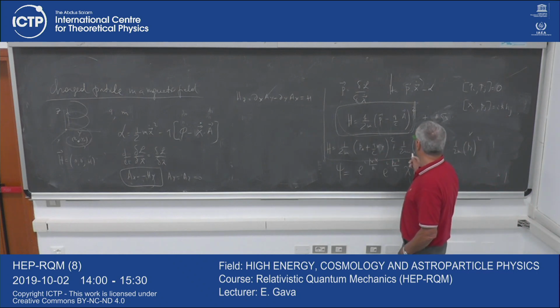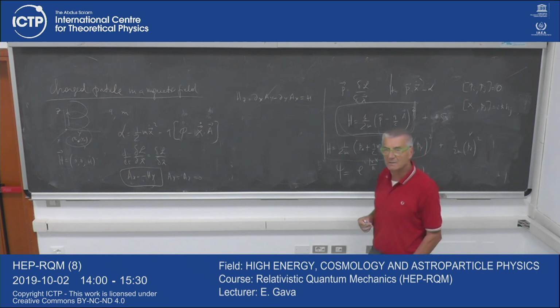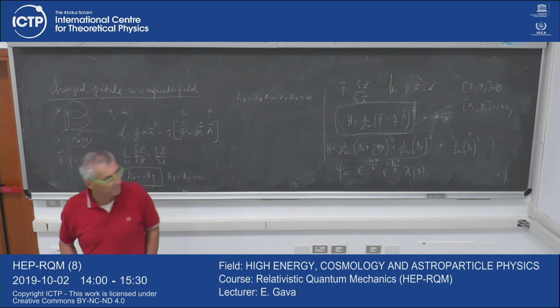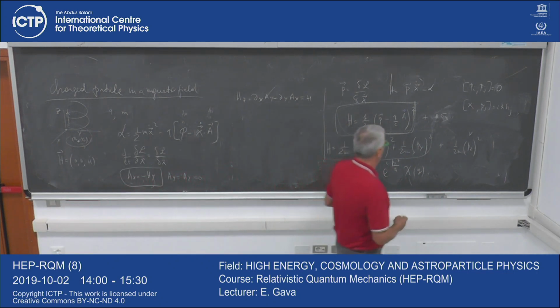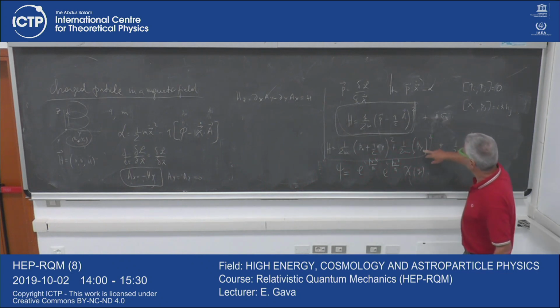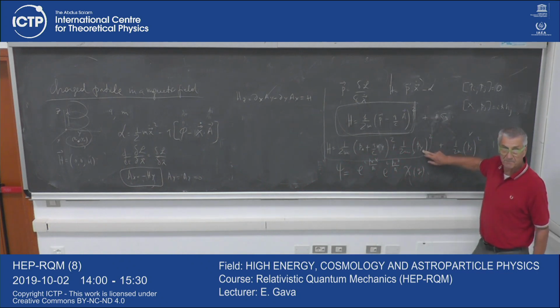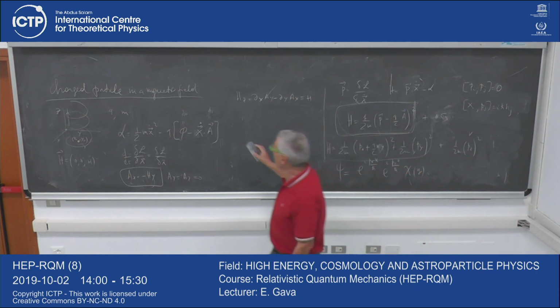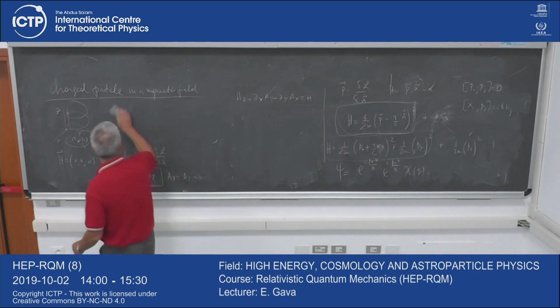What is this Hamiltonian? This is second derivative with respect to y, minus h squared over 2m d squared. This is a harmonic oscillator, right? Yeah, precisely.